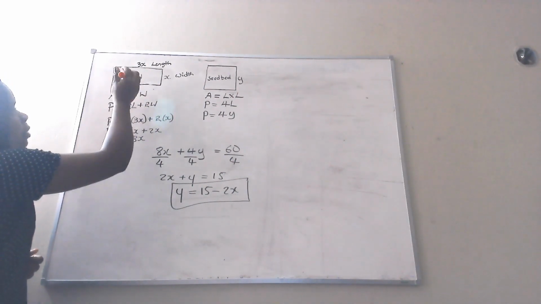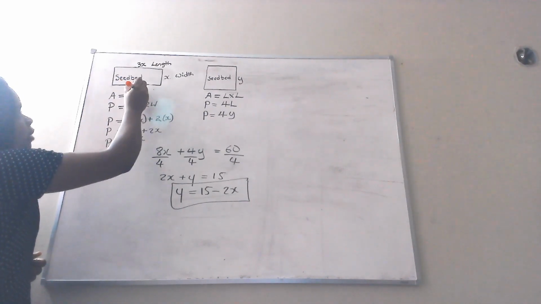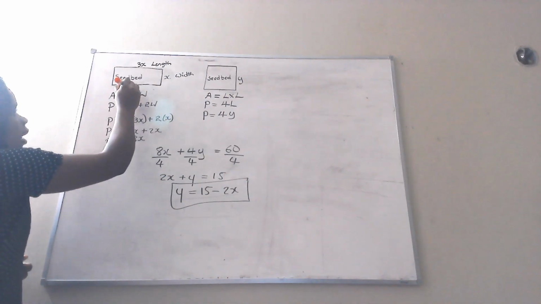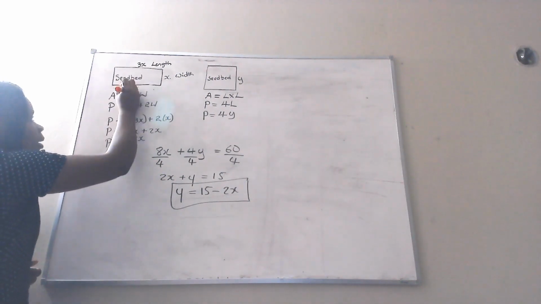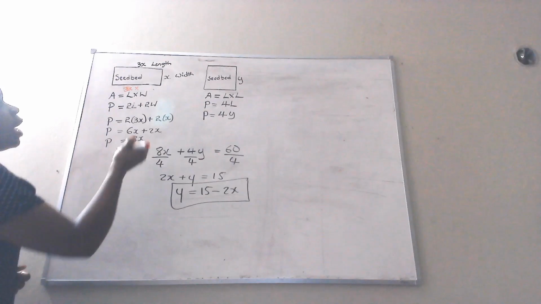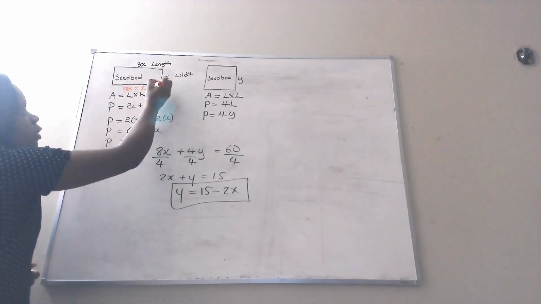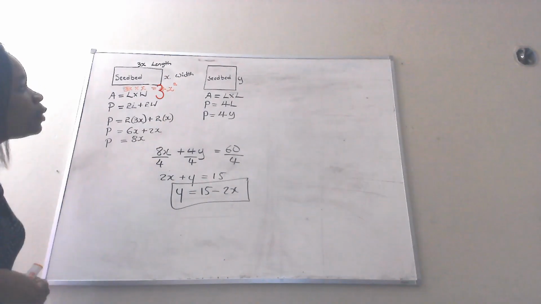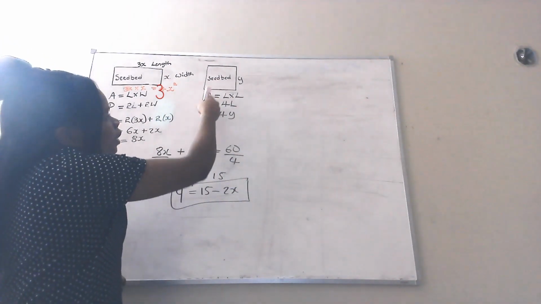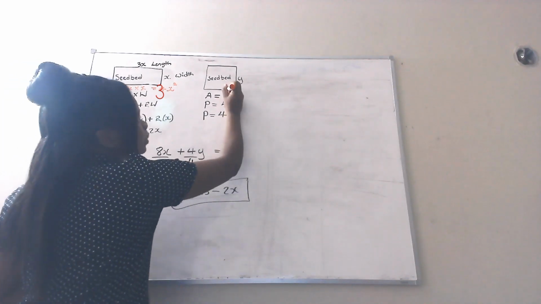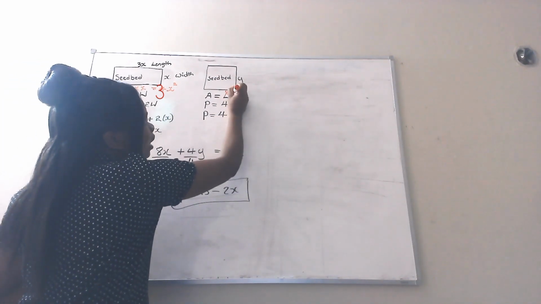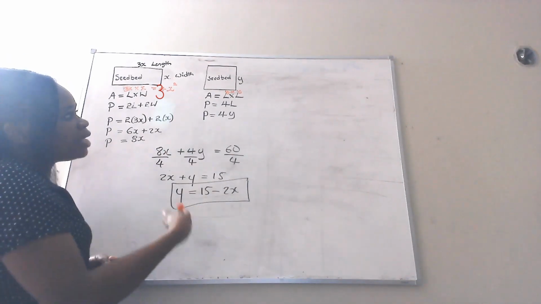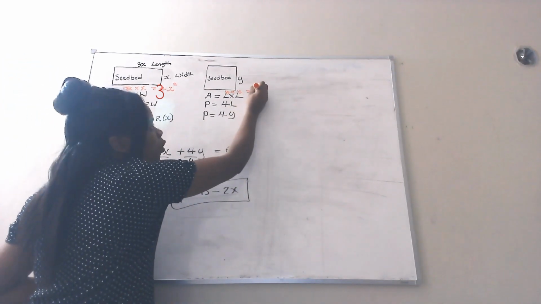The length is 3x and the width is x. So 3x times x is equal to. And as for that of the square, it is y times y, because that's what the length is, y. So y times y is equal to y squared.